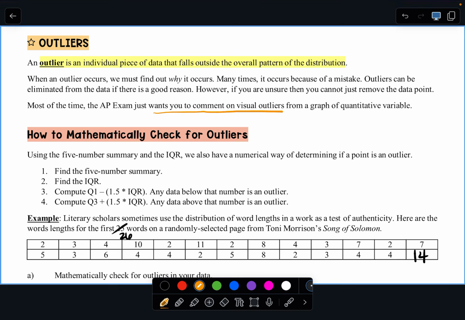So if I see a data point way out to the right in the 105 to 110 range, I can say there is a potential outlier at 107, whatever. So comment on it being potentially an outlier and enter in a value. It doesn't have to be exact. You don't know what values are in there, but pick a value that's in that range.